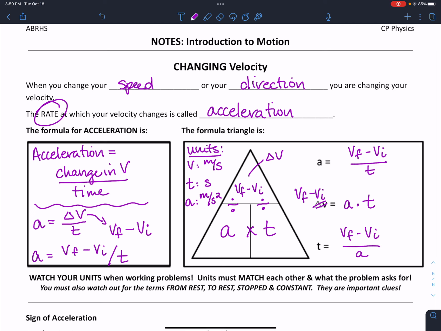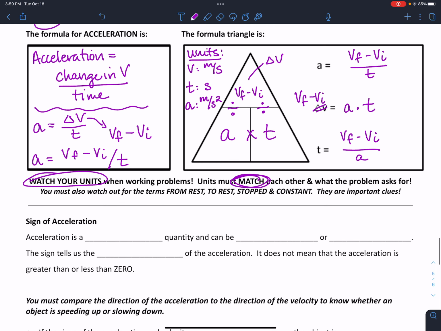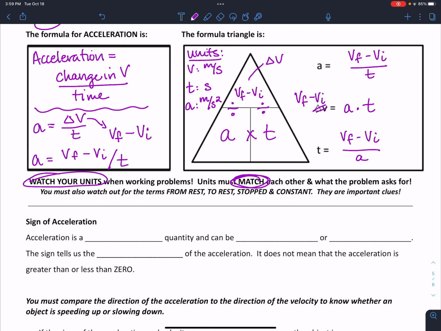Now, just like our other problems, when you're working acceleration problems, you have to watch those units and make sure that those units match each other and what the problem asks you to do. You also need to watch out for things like from rest, to rest, stopped, and constant. These give you info about your velocity values.